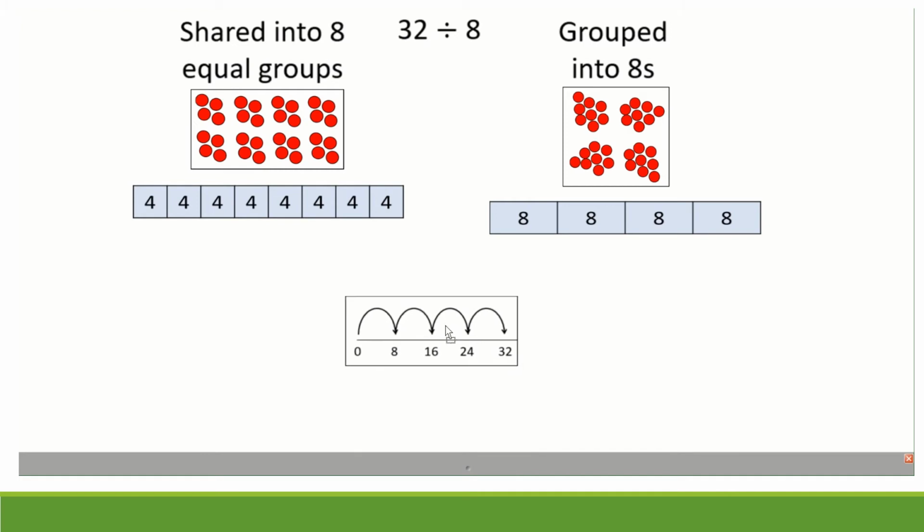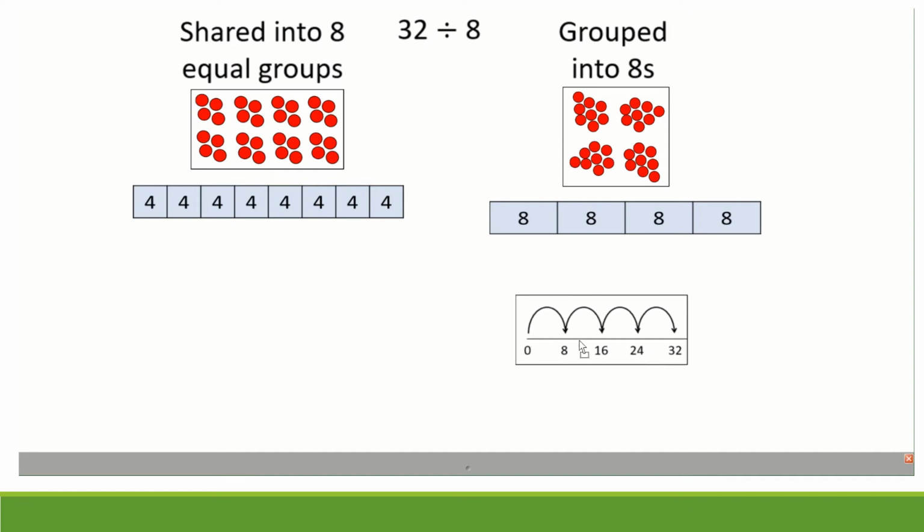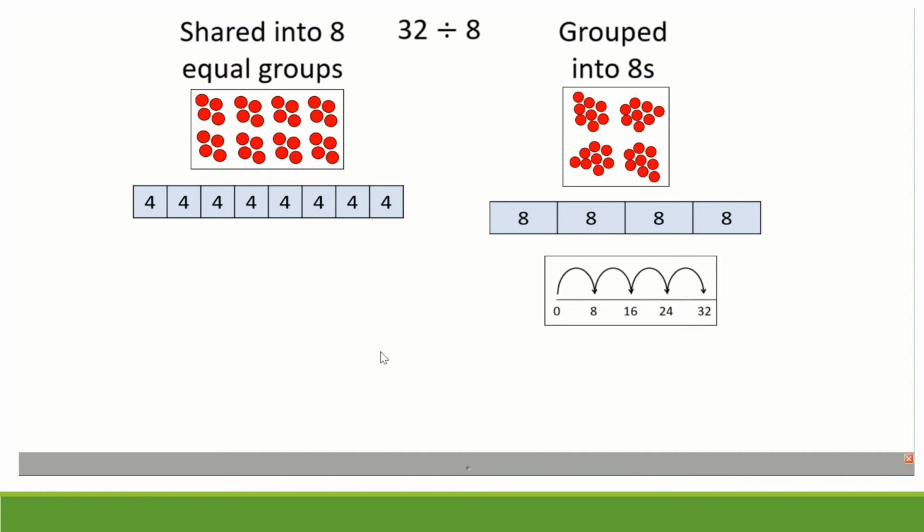Here we can see we have a number line. Now then, is this one shared into 8 equal groups, or is it grouped into 8s? Well, I can see the jumps are counting on into 8s. So this one goes under that heading. So well done if you thought about those and got them in the right order.